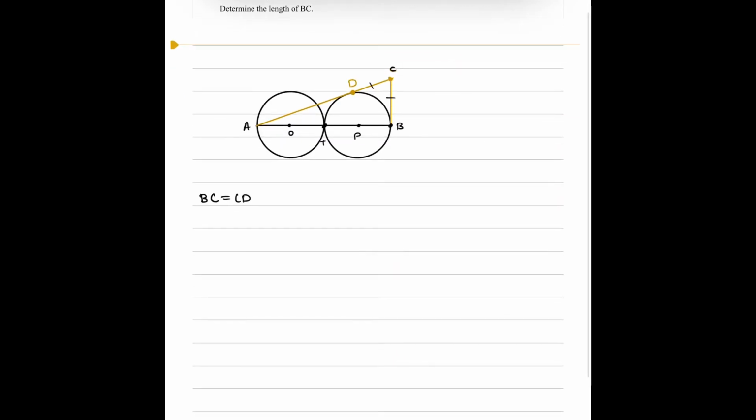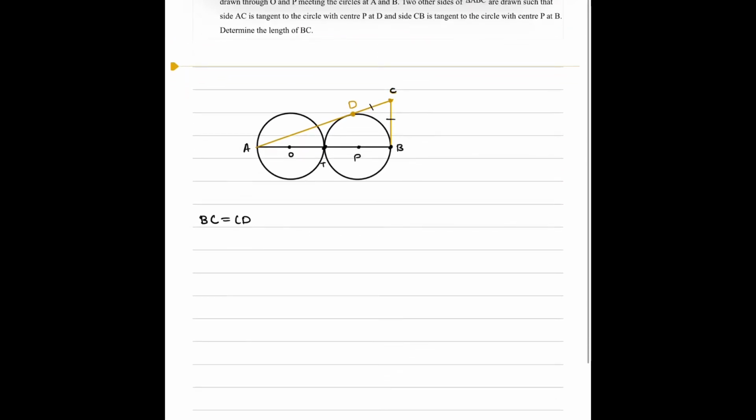The second is that PB is equal to PT, which is equal to OT, which is equal to AO, which is equal to 2 centimeters.